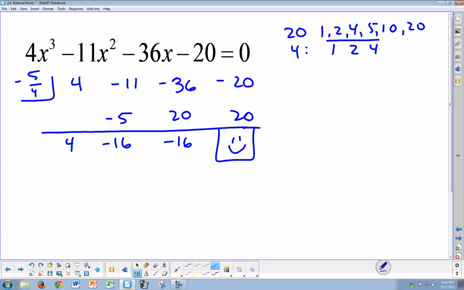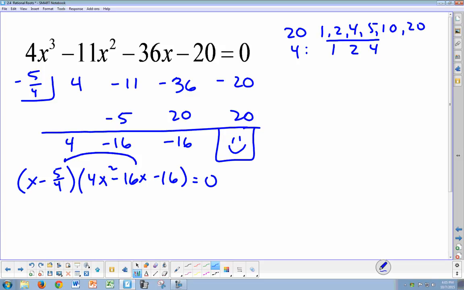And then we've got our happy face over here. So we're going to do that little factor jumping again. This is x minus 5/4, and we're left with 4x squared minus 16x minus 16. I'm going to jump a 4 from that quantity into the other one. So that's going to be 4x minus 5, and then x squared minus 4x minus 4.